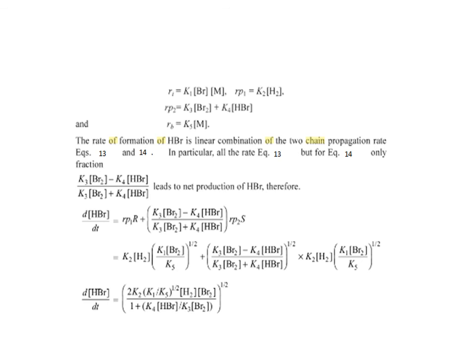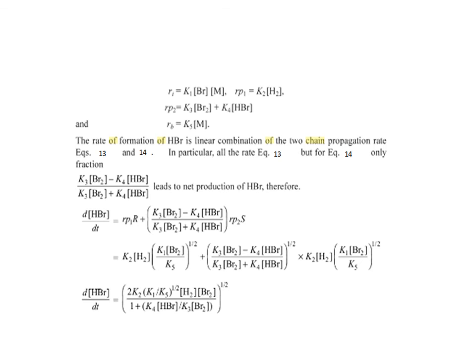Equation 13 is fully included, but from equation 14 only the fraction (K3Br2 minus K4HBr) over (K3Br2 plus K4HBr) leads to net production of HBr.